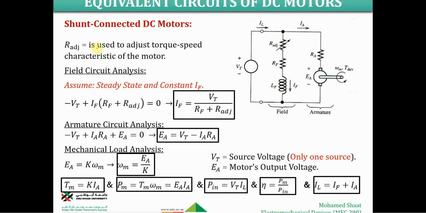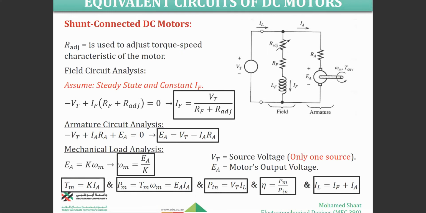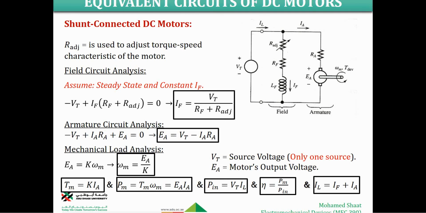The other configuration that we're going to consider here is shunt connected DC motors. The basic idea of this configuration is that instead of using two sources as batteries or input sources for the electrical energy, we can use only one source to operate both the field circuit and the armature circuit.